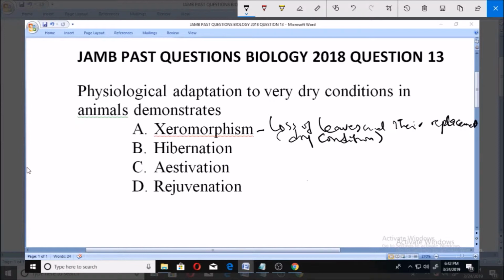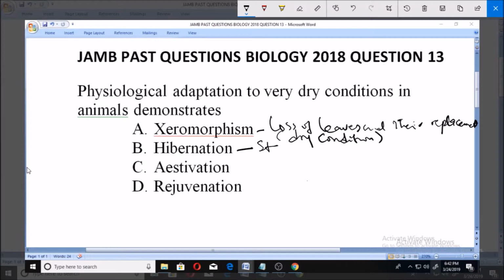Now we look at hibernation. Hibernation is actually dormancy of animals. This one has to do with animals. It's a state of animal dormancy taking place around the winter period due to coldness.